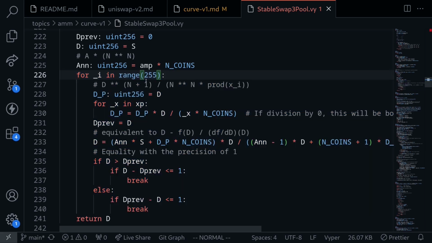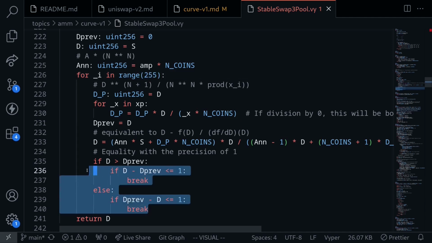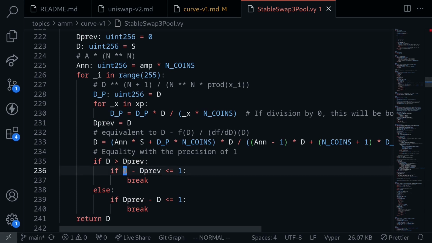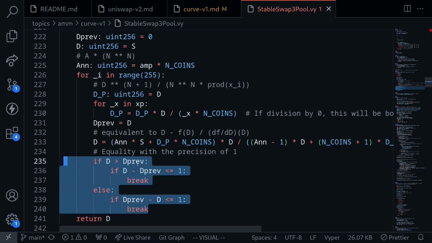We can see that it runs the iteration for max 255. And at the bottom, we can also see that if the previous D, D preb, and the current D differ by less than or equal to 1, which you see over here and over here, then we break out of the for loop. These two cases mean that D and D preb are close enough, so using Newton's method, it found the D that satisfies the Curve V1 equation.